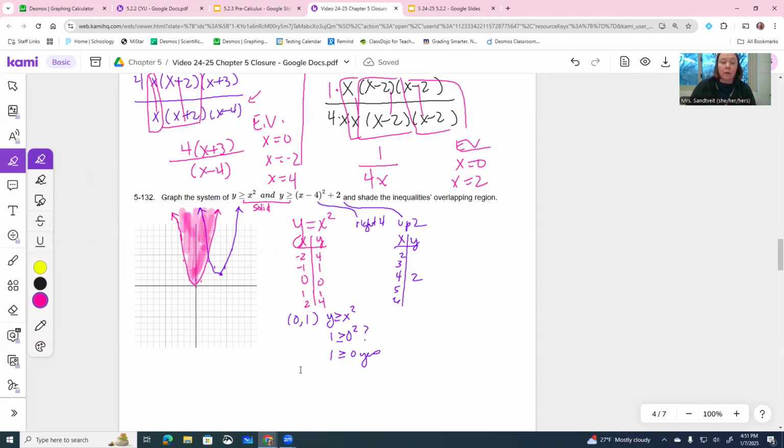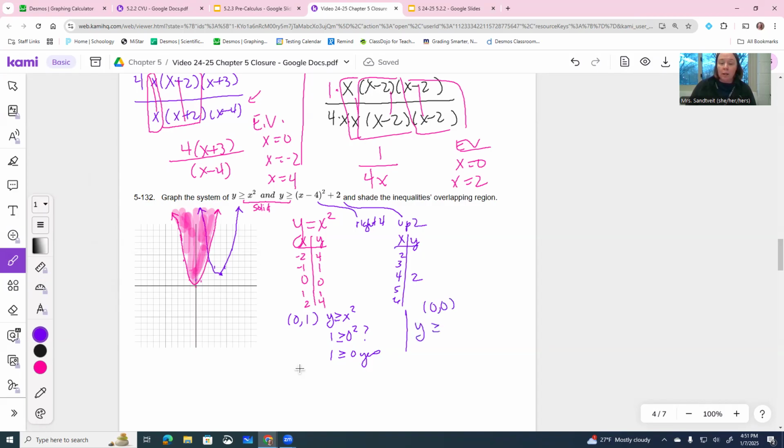All of this. Okay, now I'm going to test a point in my other parabola. Now I can pick 0, 0 because that is not on this parabola. I'm going to go ahead and do that. And then this was my inequality. Remember, when you test your point, you're testing it in the inequality, not the equation. So I'm going to put 0 for y and 0 for x, and I want to know if that's true.